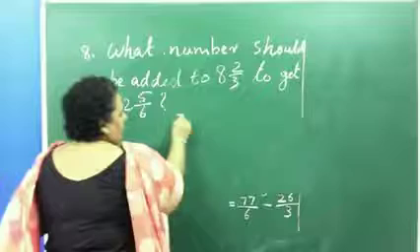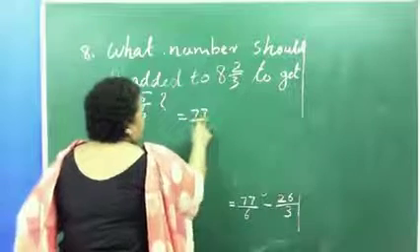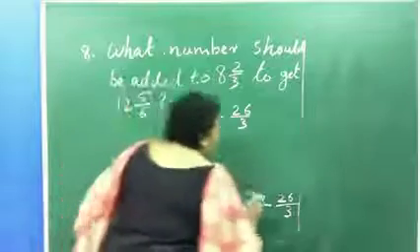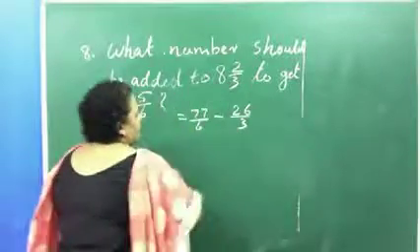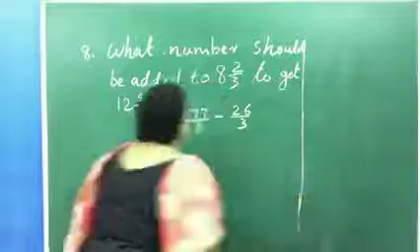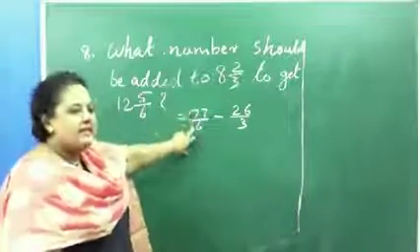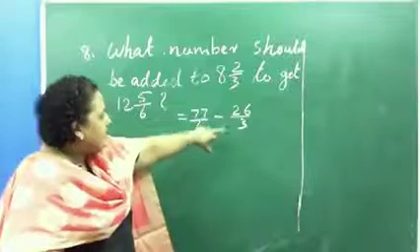I'll just write from here, 77 by 6 minus 26 by 3. Okay. 77 by 6 and 26 by 3.